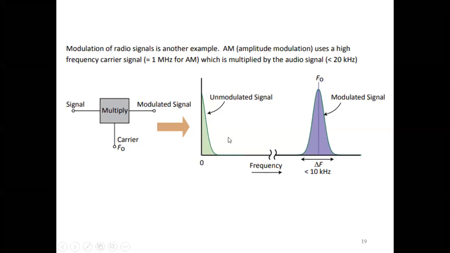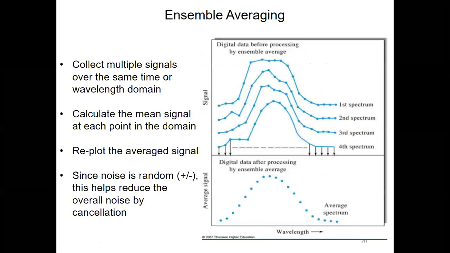So by multiplying using a high frequency carrier signal, we can modulate the signal and get a high intensity signal compared to the initial one, with a lesser amount of noise. So those are two examples of modulation.